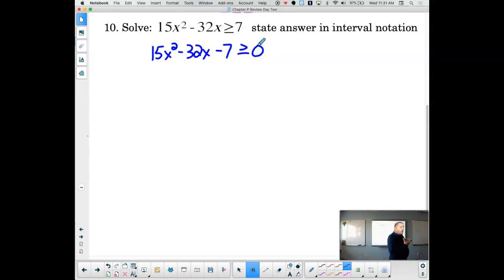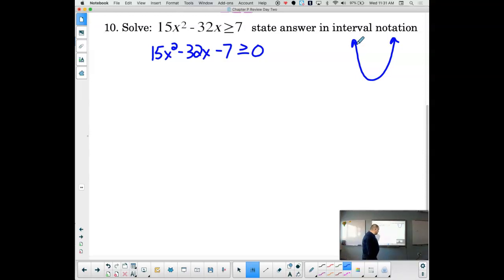And now 15x squared minus 32x minus 7, that is an upwards opening parabola. Okay? It's a quadratic because its biggest exponent is 2, so that makes it a quadratic, which makes it parabolic in shape. And it opens up because the a value of 15 is positive.